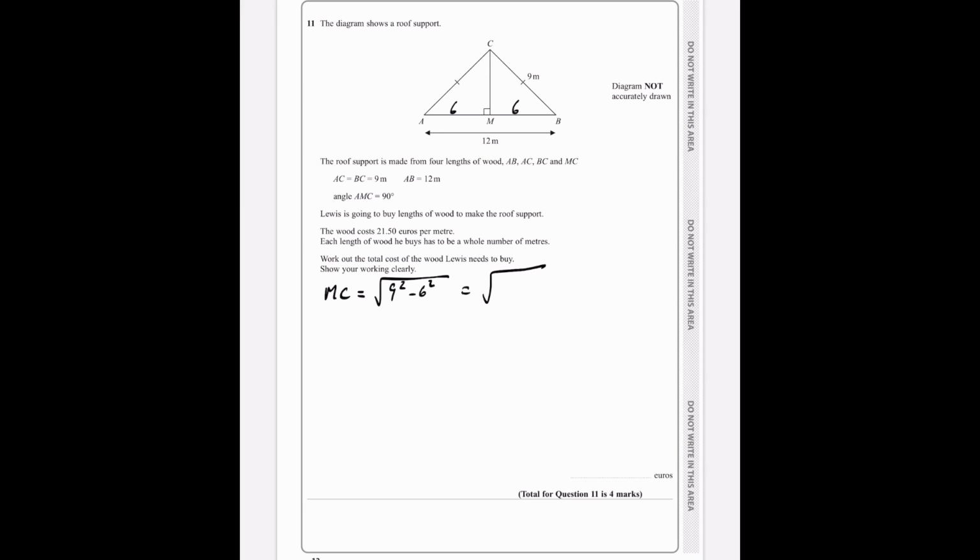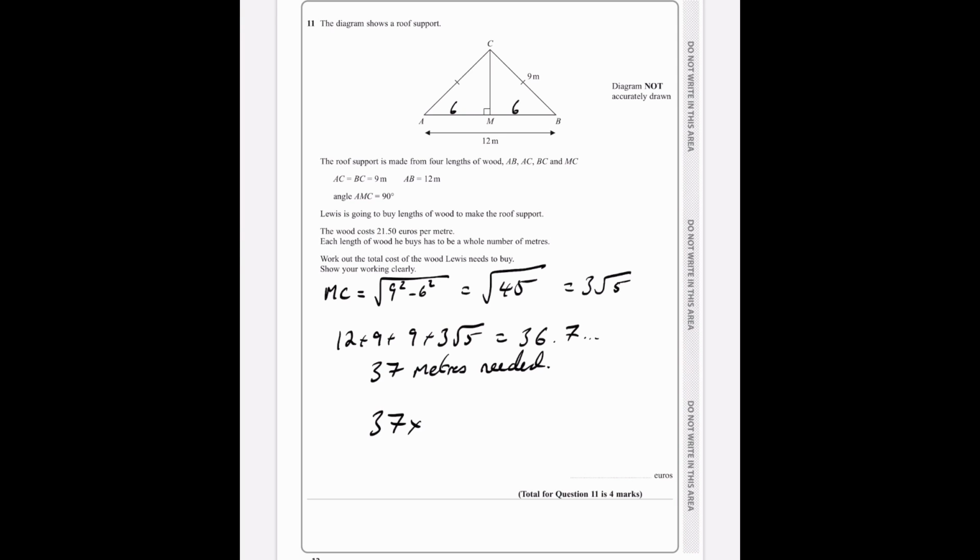So M to C is equal to the square root of 9 squared minus 6 squared. 9 is the hypotenuse, of course, which is root 45, simplifies to 3 root 5. Then we add together the lengths that we need. We've got 12, 2 9s, and the 3 root 5 we just calculated, which is equal to 36.7. We can only buy wood in a whole number of metres, so we'll need 37 metres.